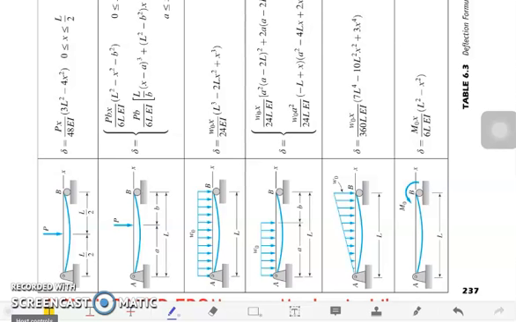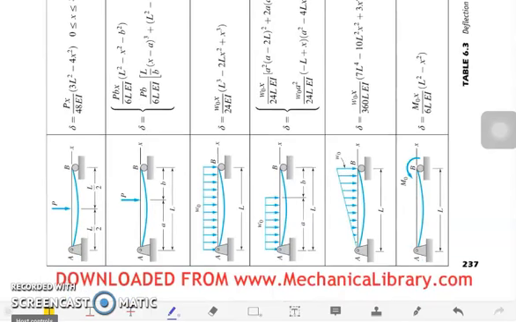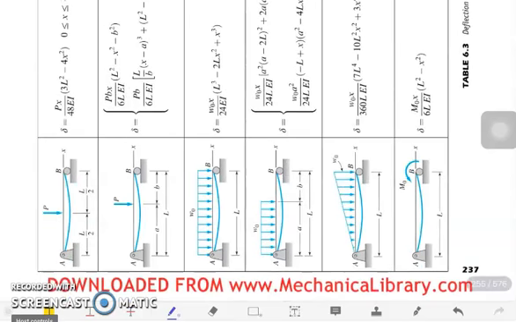Here is a continuation of the list of formulas to solve for the deflection and slope, this time for simply supported beams with various loadings.